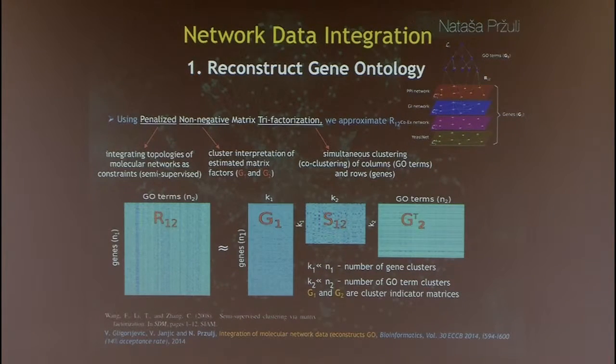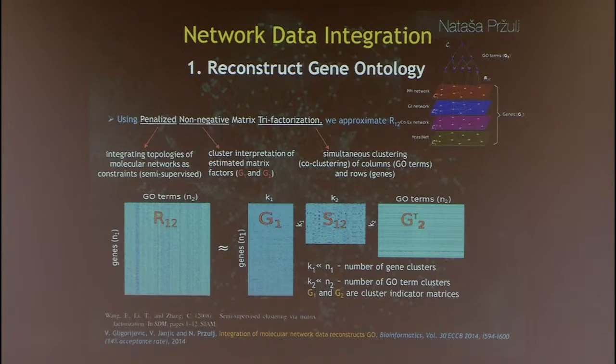It's penalized, and I'll show you in the next slide. Basically, it integrates topologies of molecular networks as constraints, so that's why it's semi-supervised. It's non-negative, so that we have cluster interpretation of these estimated matrix factors. And it's tri-factorization because it simultaneously clusters columns and rows, genes and GO terms.